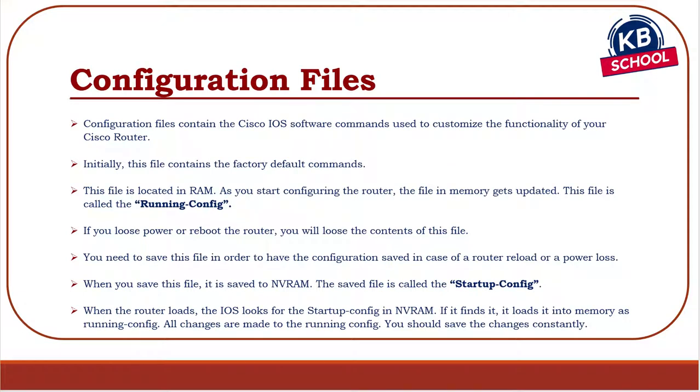As I told you, when you get a blank factory default router, it does have certain things inside your config file, which is the default config file. Very little stuff, things like the host name of the router, which is router.